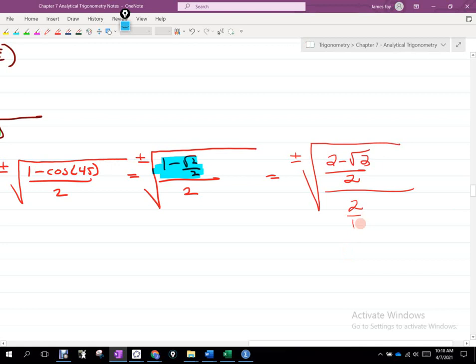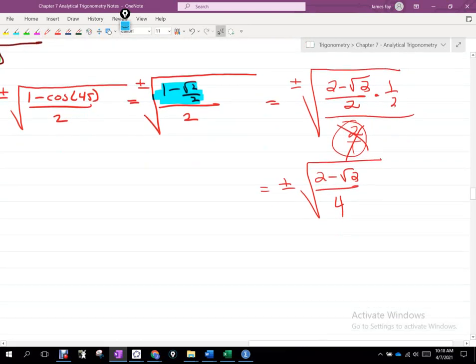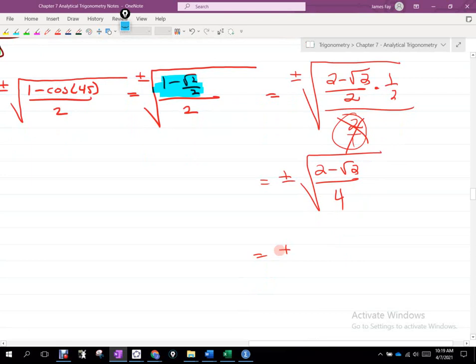Okay, well that 2 is 2 over 1. Can I multiply by that reciprocal? And that's going to give me then plus or minus the square root of 2 minus root 2 over 4. But that's a fraction underneath a radical. So that tells us we can do this, plus or minus the square root of 2 minus root 2 all over root 4.